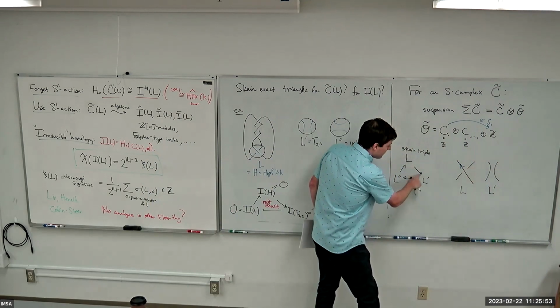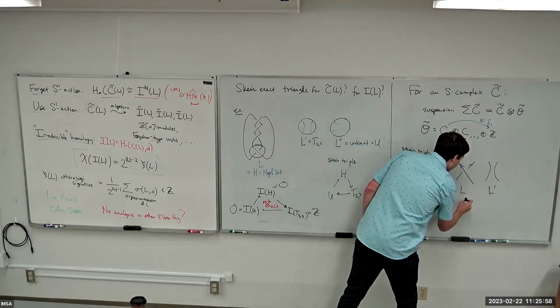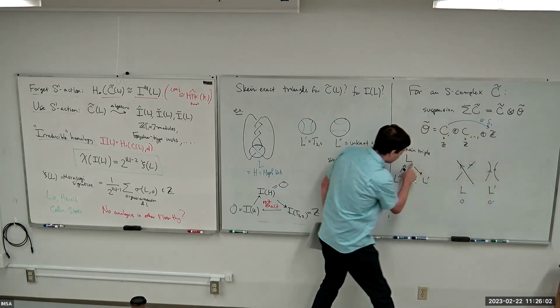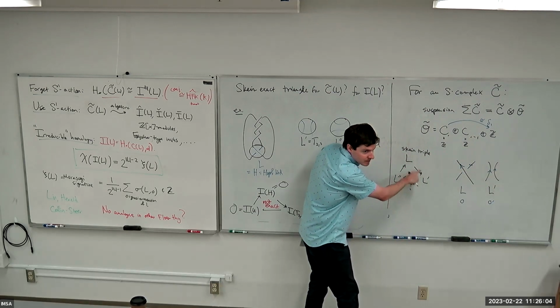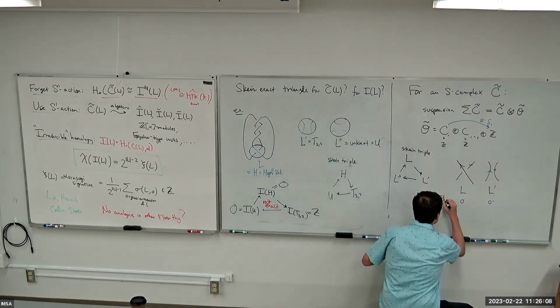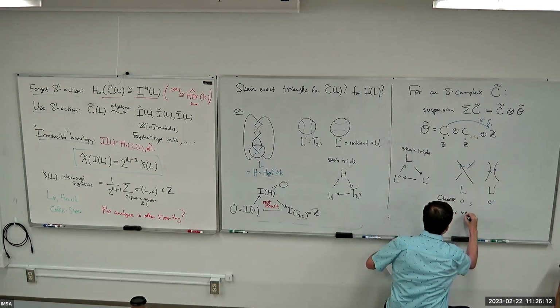Given two consecutive links in the skein triple, choose orientations that make the resolution connecting them an oriented resolution.